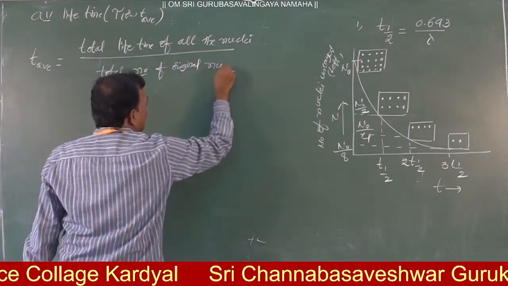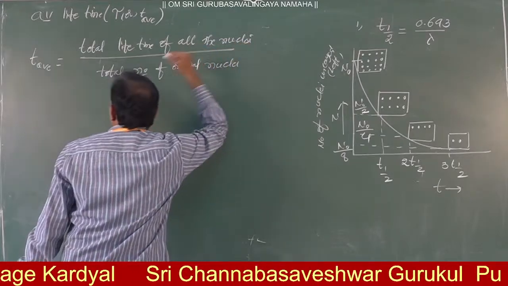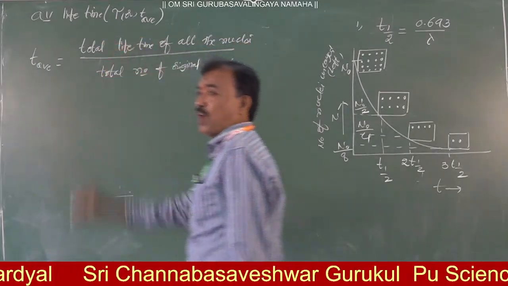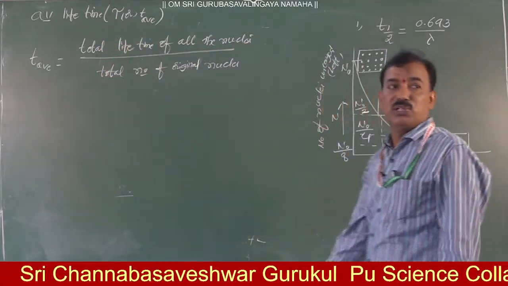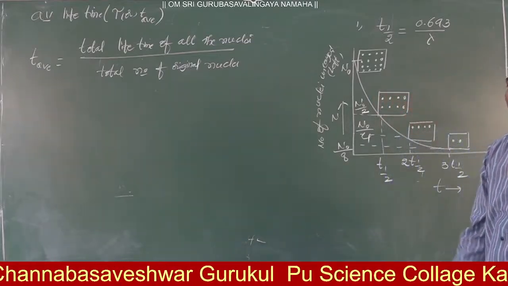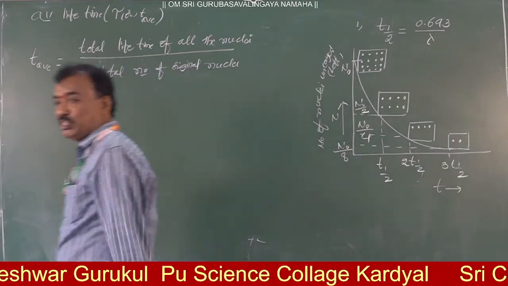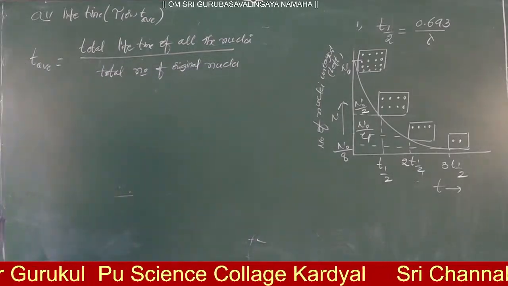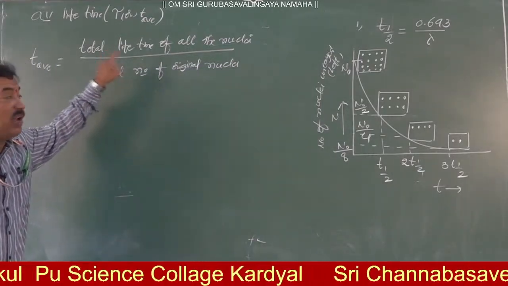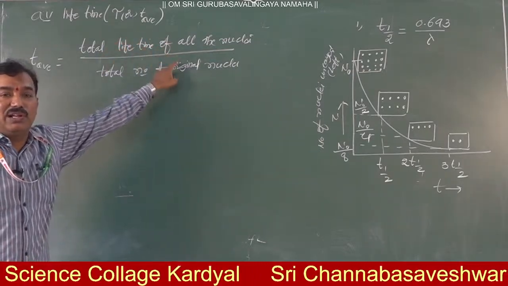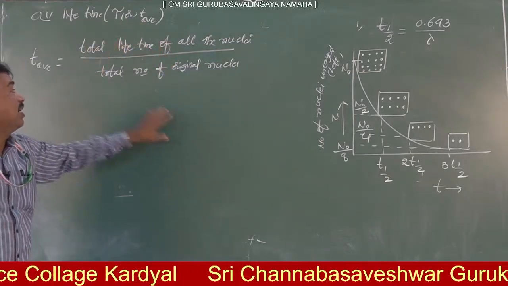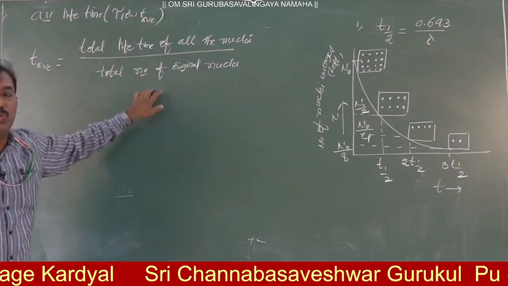So this is known as average lifetime. This is one statement. I gave two more definitions also. The initial definition is the total lifetime of all the nuclei divided by the total number of the original nuclei.